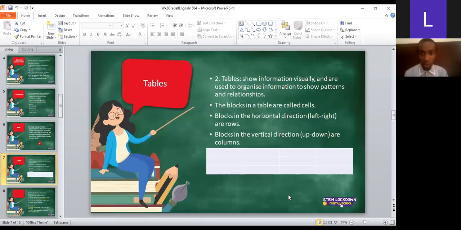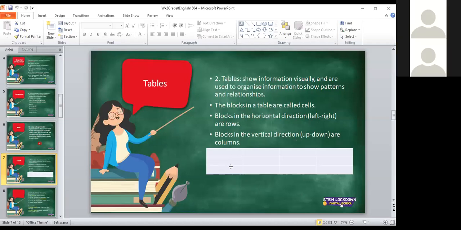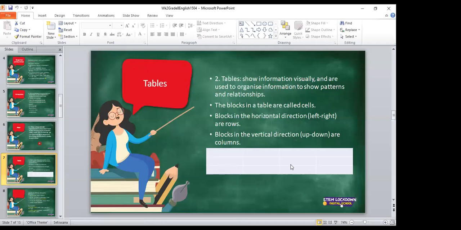Good. Let's continue. The blocks which are in the horizontal direction, that is from left to right or from right to left, these are called rows. So in my example, we have 1, 2, 3 rows.